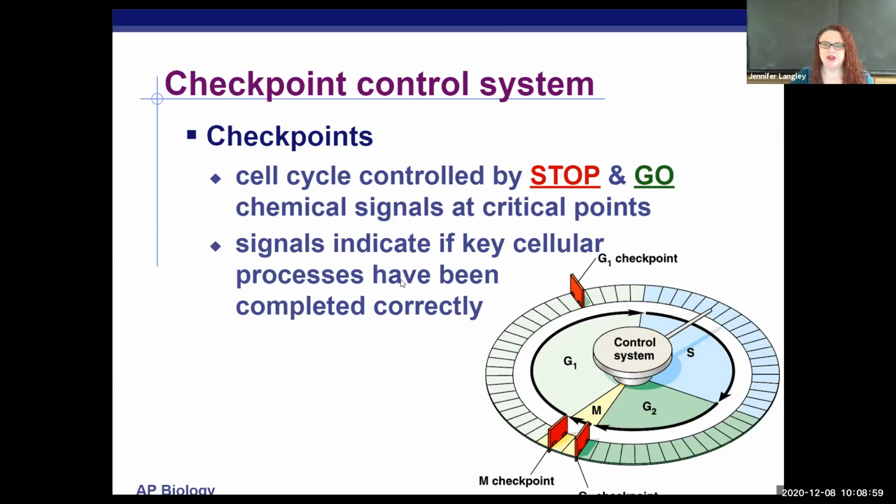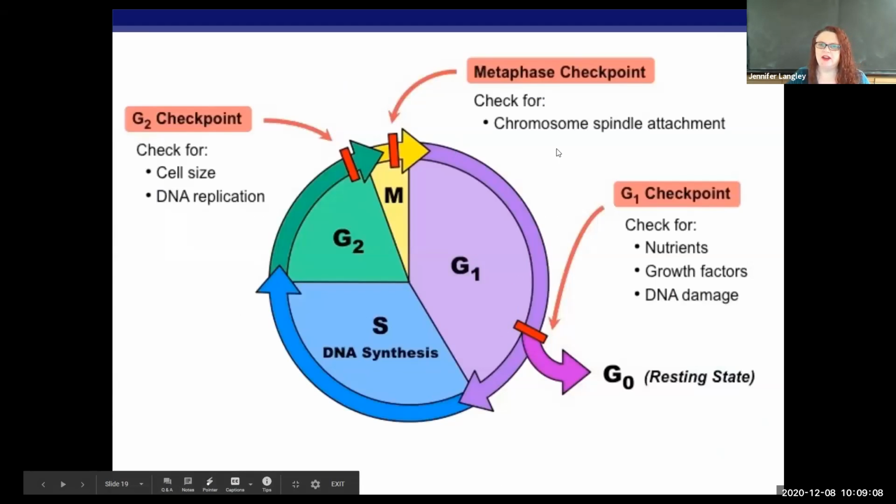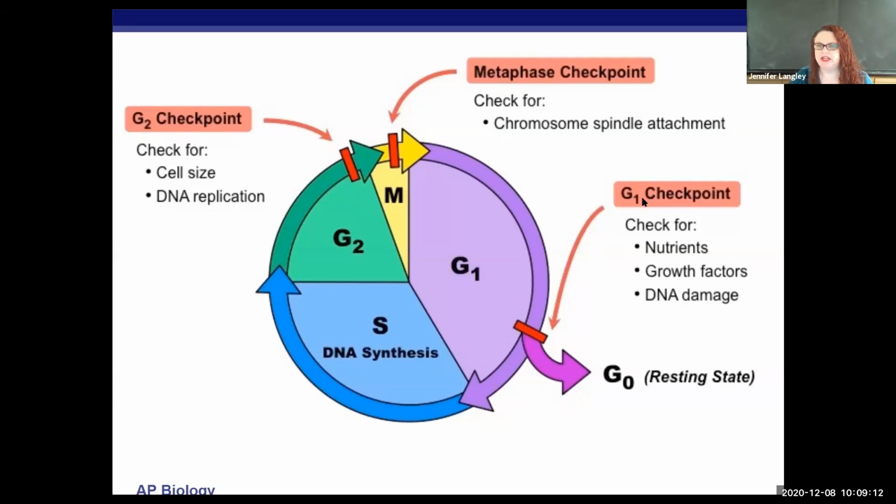Signals indicate if the key cellular processes have been completed correctly. You'll notice here, these little gates, we have 3 different checkpoints. We always start with G1, so our first one is the G1 checkpoint. This G1 checkpoint checks for nutrients, growth factors, and DNA damage.